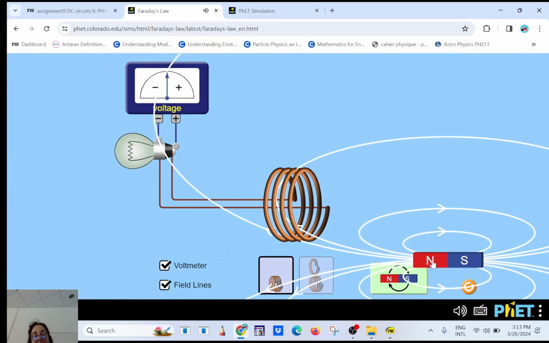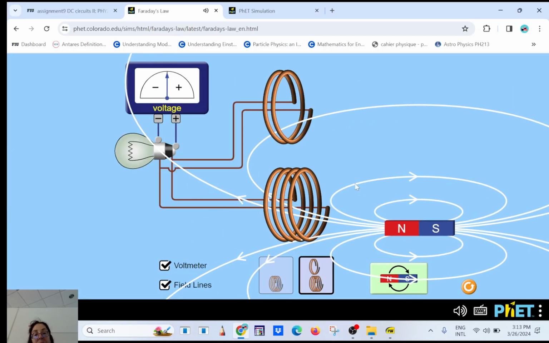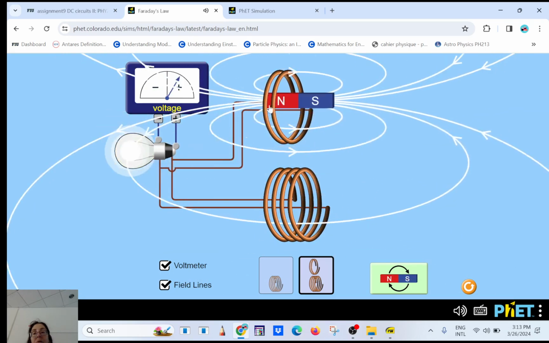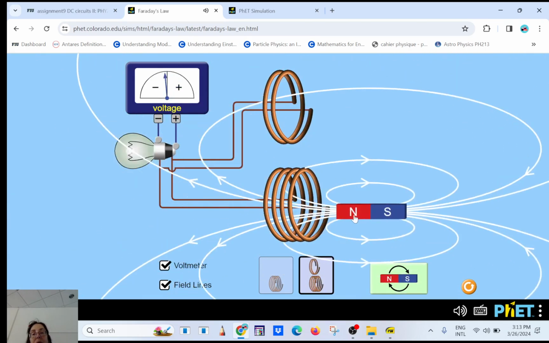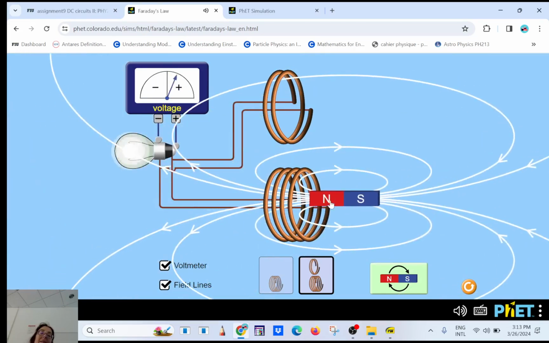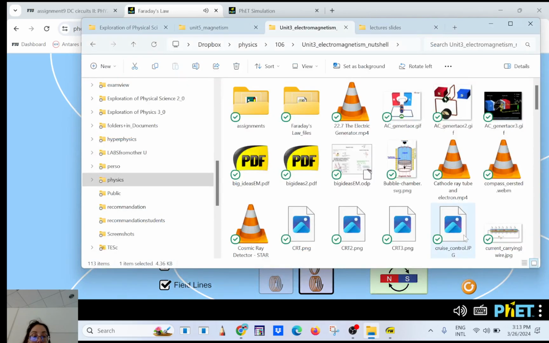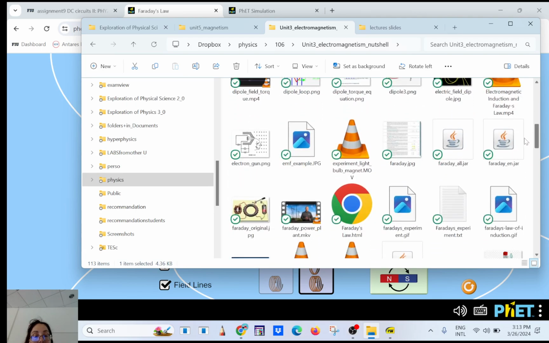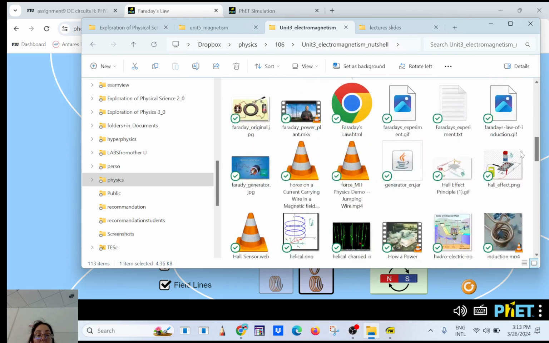Now you can change the number of loops. Less loops, less voltage; more loops, more voltage. So it's called Faraday's law of induction.